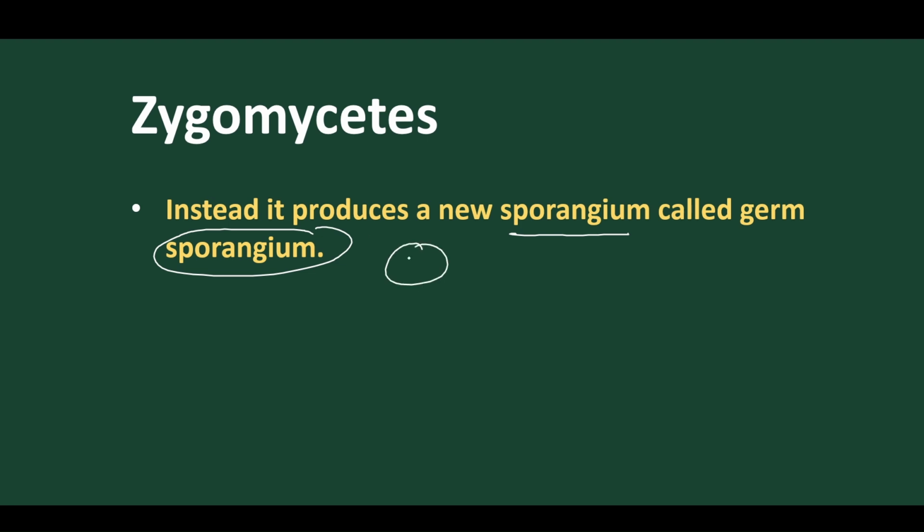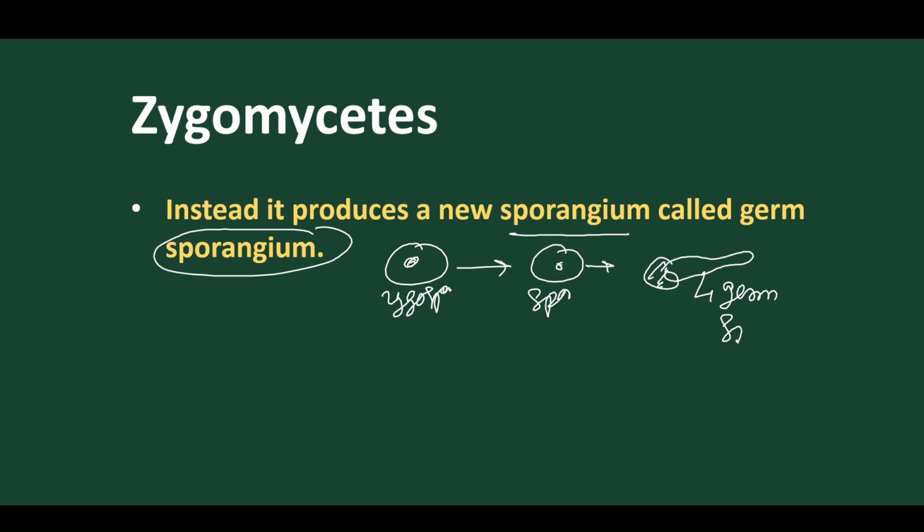So this is zygospore, and this zygospore produces spores, and this produces an irregular type of sporangium, and this is called germ sporangium.